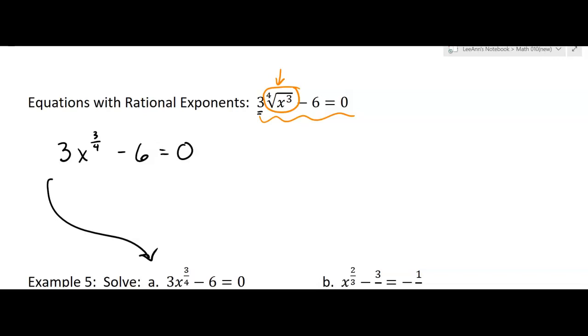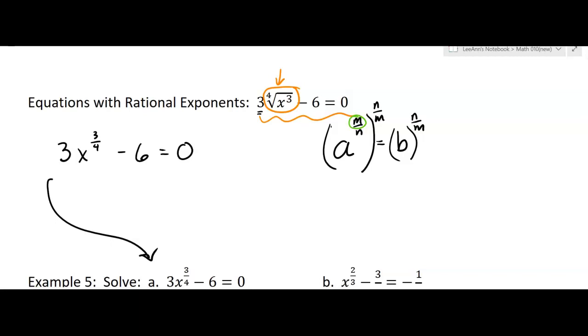Here's the rule. If you have a to the m over n power equaling b, then what you're going to do is raise both sides to the reciprocal, the n over m power. But it makes a difference if m is even or if it's odd.